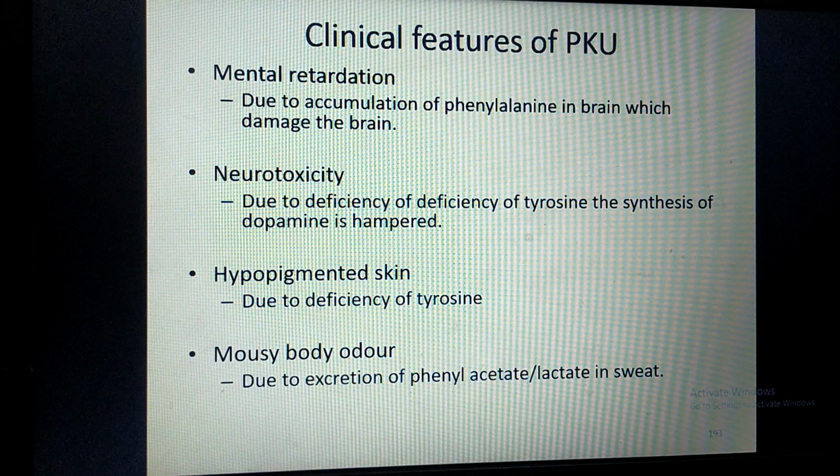As tyrosine is not synthesized from phenylalanine, melanin is not synthesized. Hence, the skin becomes hypopigmented. And last is mousy odor. Mousy odor means an odor of a dead mouse, and this mousy odor comes from the body of a patient suffering from this disease because of the presence of phenyl acetate or phenyl lactate in the sweat of these patients.